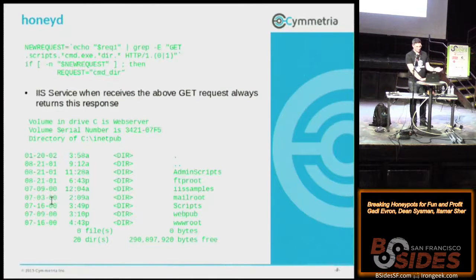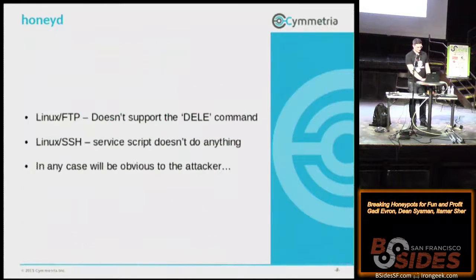So this is not very believable, and it also returns the exact same answer all the time. The number of bytes free is the same, the serial number is the same. It's pretty easy to recognize. Some of the other scripts suffer from the same problems. In any case, it will be obvious to an attacker interacting with HoneyD that it's actually HoneyD.